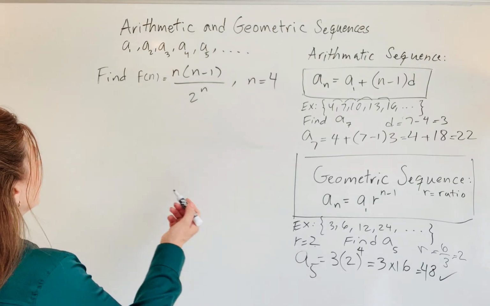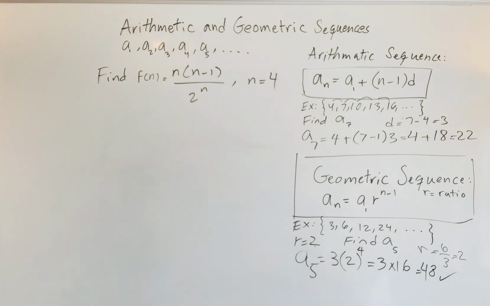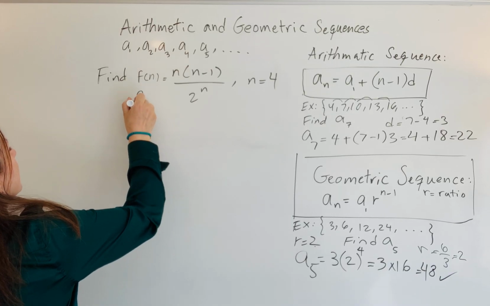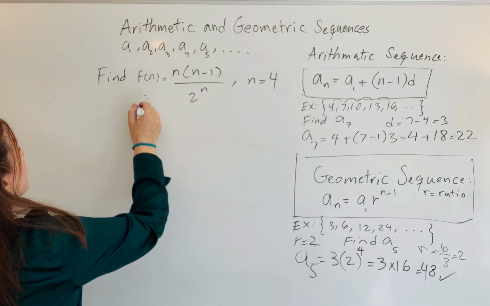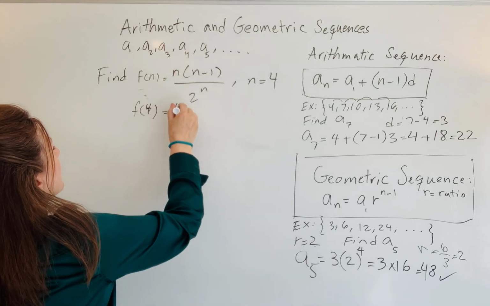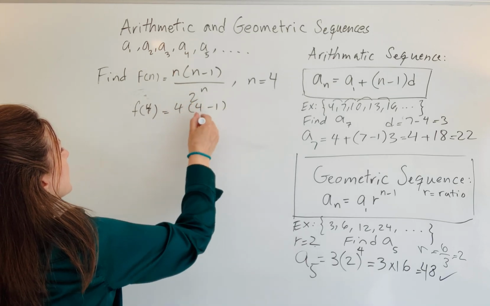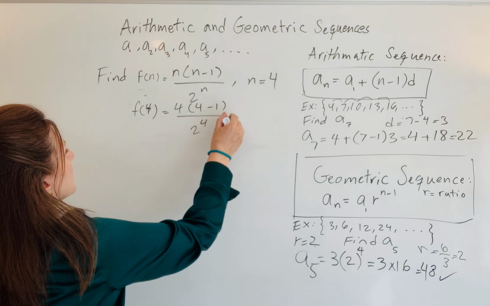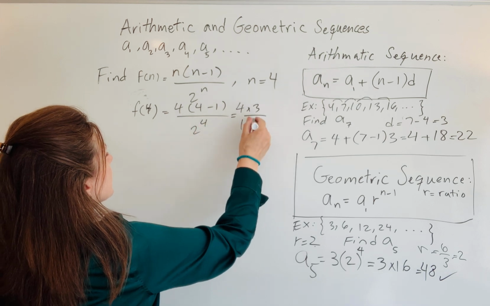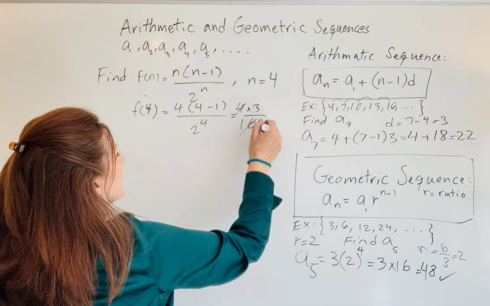How can we find this one? f of n, where n is 4. f of 4 is 4 times 4 minus 1 over 2 to the 4th. 4 times 3 over 16, which is 3/4.